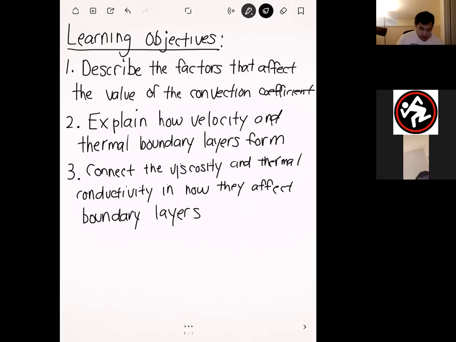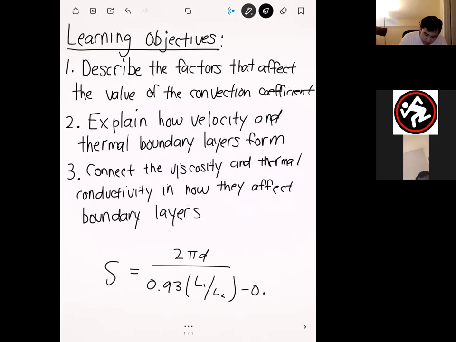Is this the formula? Hang on, let me write it down. So the formula for the shape factor that you should be getting is this one right here. S is equal to 2 pi d divided by 0.93 L1 divided by L2 minus 0.05. Is this the one that you're using for the shape factor?